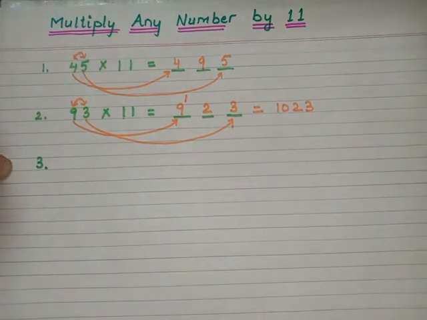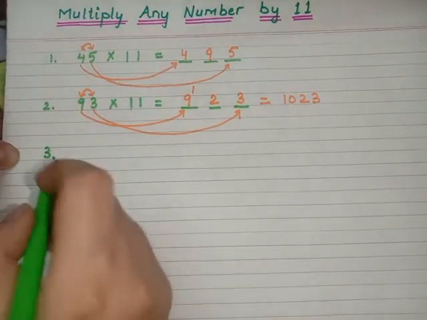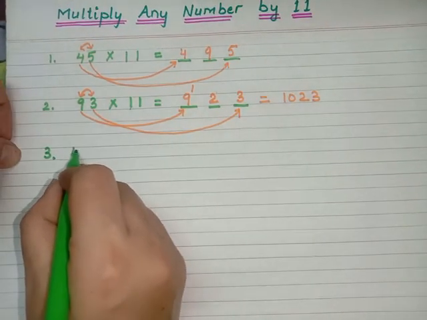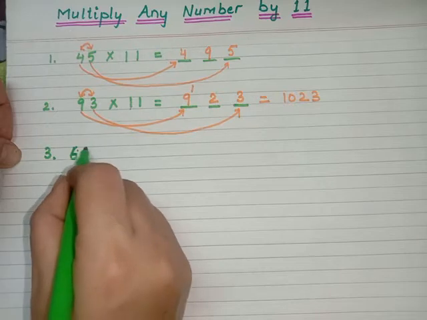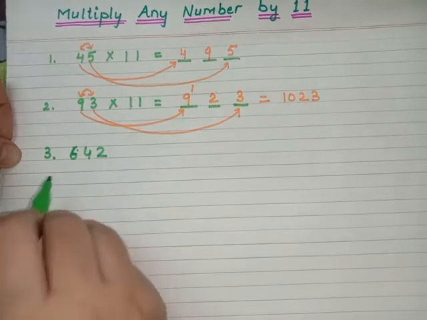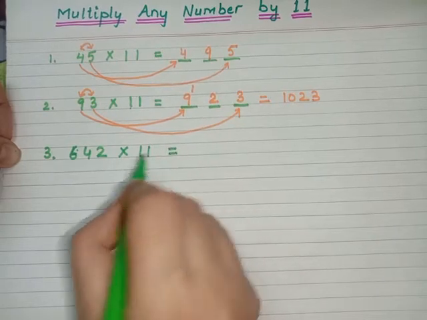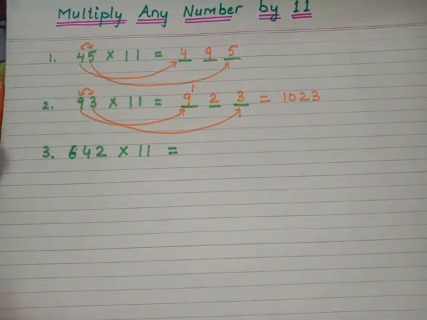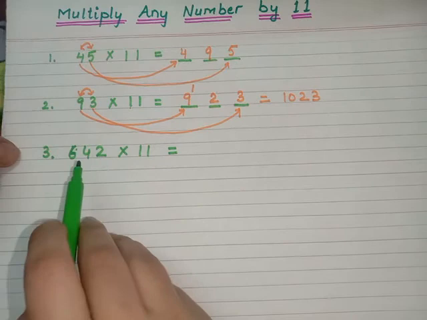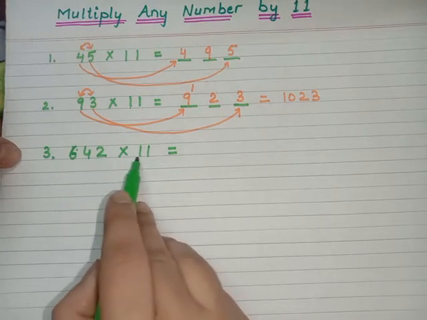The third example we are going to have is, suppose I am now considering a 3-digit number, that is 642. Now we will be multiplying this 642 by 11. Then again roughly count the digits, 1 2 3 4 5.